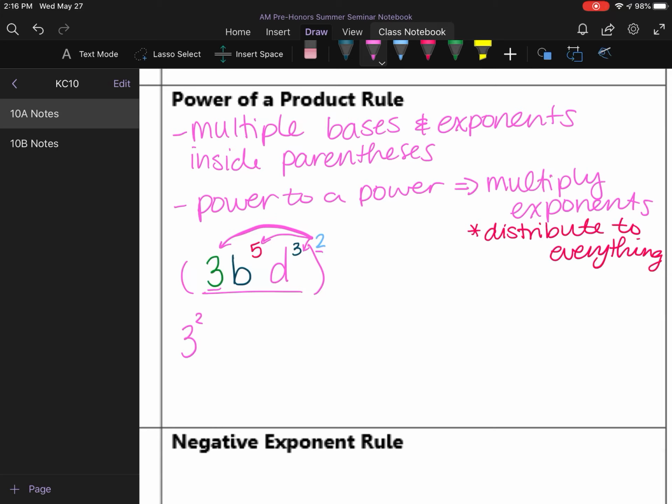Okay, that 3 doesn't have an exponent on it, so there's nothing you need to multiply. So then you have b, and then you have the 5th power, and because you have a power to a power, you multiply your exponents. And then we have d, again, power to a power, so multiply the exponents, right?